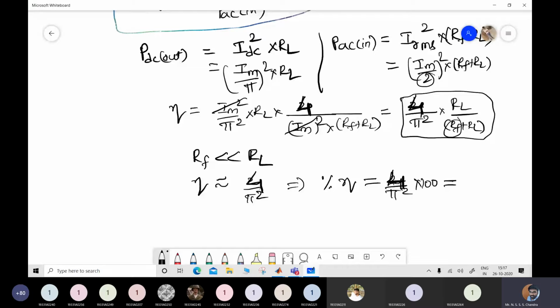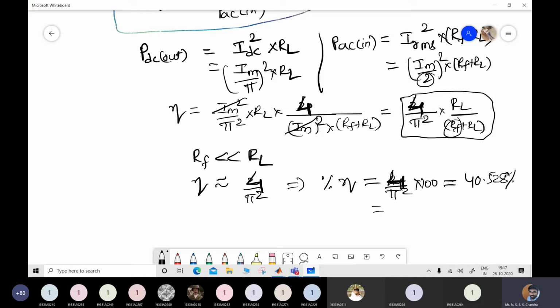Okay, 0.4052. If you write it as a percentage, it is around 40.528%. That is what I'm getting on my calculator. Instead of directly using pi in your calculator, sometimes you may use 22 by 7, or 3.14.